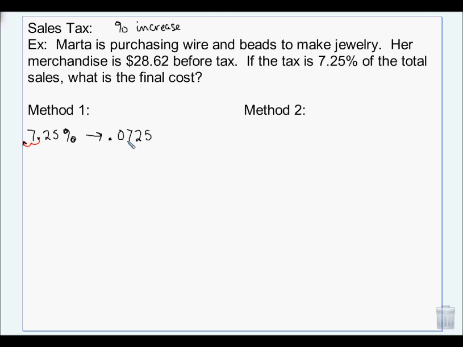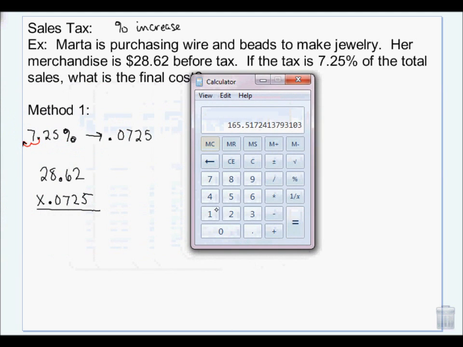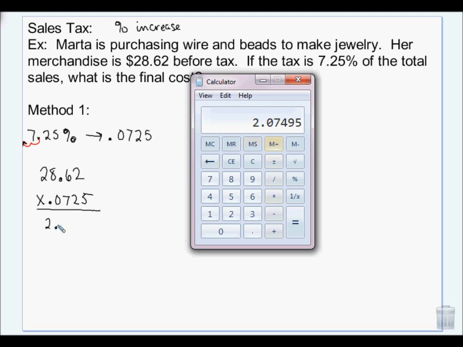So this is 0.0725. I'm going to take her price and multiply it by 0.0725, and that's going to give me her tax. So I've got 28.62 times 0.0725, which is 2.07, and I'm keeping it to the penny because I'm not having 4/10 of a penny.